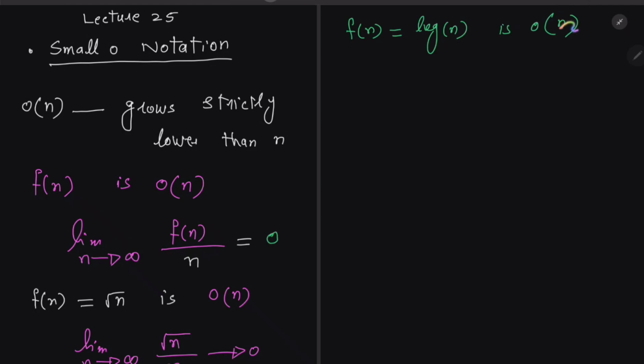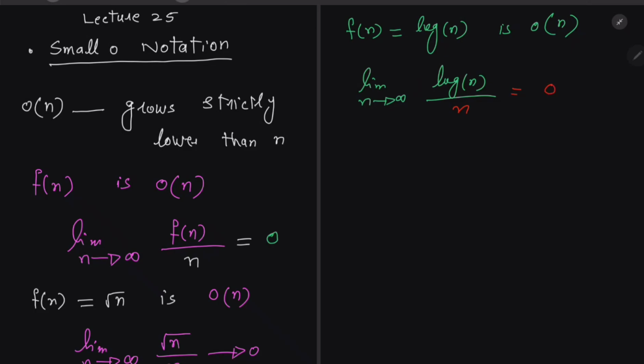Remember that small o notation does not say that you should always have n in your calculation or in your algorithm. It can be anything as well. So if it is log of n, then when we take the limit as n approaches infinity of log of n divided by n, log of n is smaller than n. If you plot that, you will see that since it is slower, the limit is equal to 0.